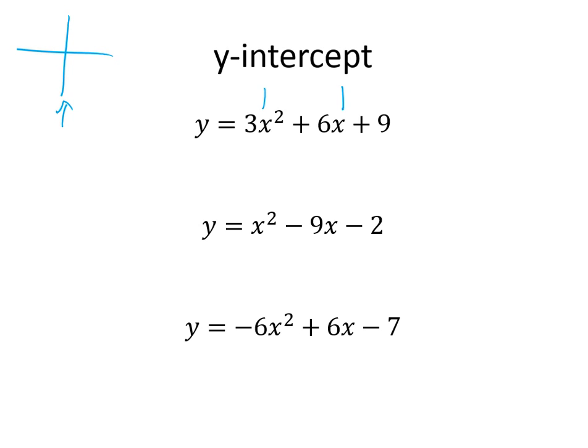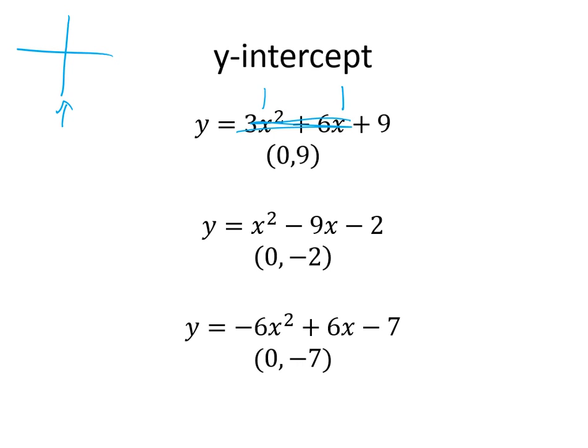Now, anything times 0 is 0, meaning that these cancel out, leaving us with just 9, which means y is equal to 9, which means our point would be 0, 9. So the first one would be 0, 9. The second one would be 0, -2, and the last one would be 0, -7.